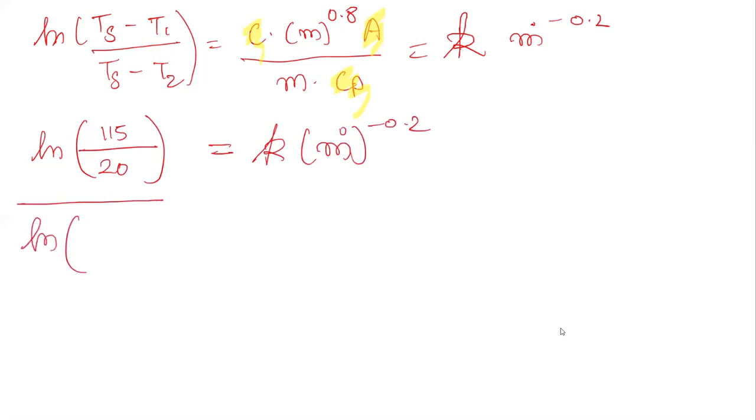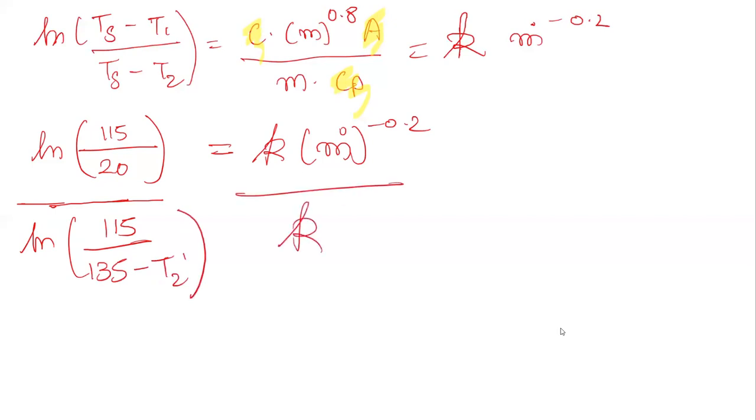ln of 115 divided by Ts minus T2 dash, or rather ln of 115 upon 135 minus T2 dash, and here it will be K times twice of M to the power minus 0.2, K getting cancelled.